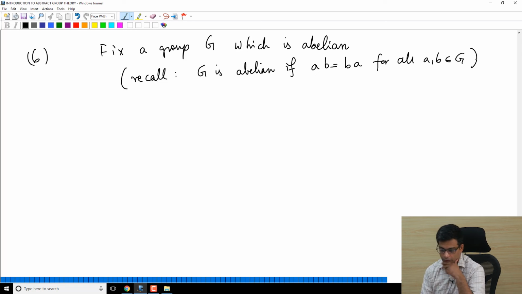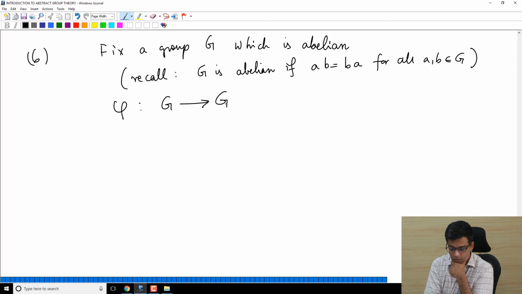So this is an abelian group. Now I consider the map phi from G to G, which sends A to A squared. So what am I doing? I am taking an element A and I am simply squaring it.